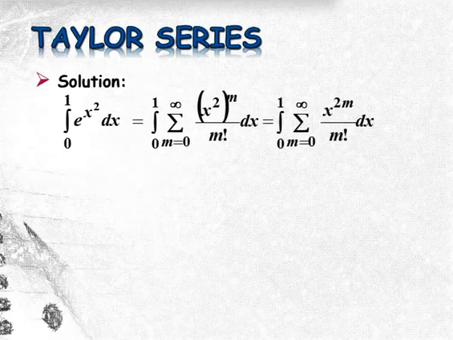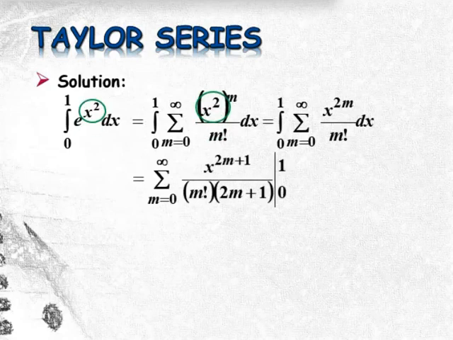We then get the integral of x to the 2m, which is equivalent to x to the 2m plus 1 over 2m plus 1. So therefore, the integral of the expression is equivalent to the summation of x to the 2m plus 1 over m factorial times 2m plus 1 from m equals 0 to infinity. And we have to evaluate it from 0 to 1.